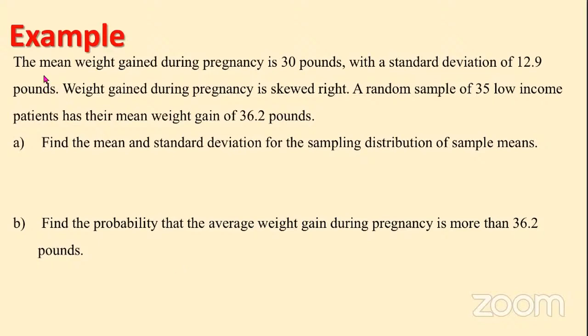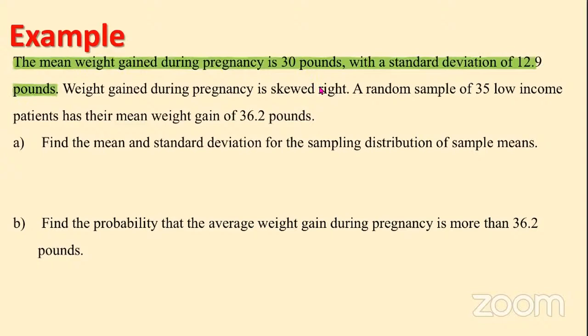Okay, one piece of information given here is the general information. The mean weight gain during the pregnancy is 30 pounds with a standard deviation of 12.9 pounds. That information is about the general population.